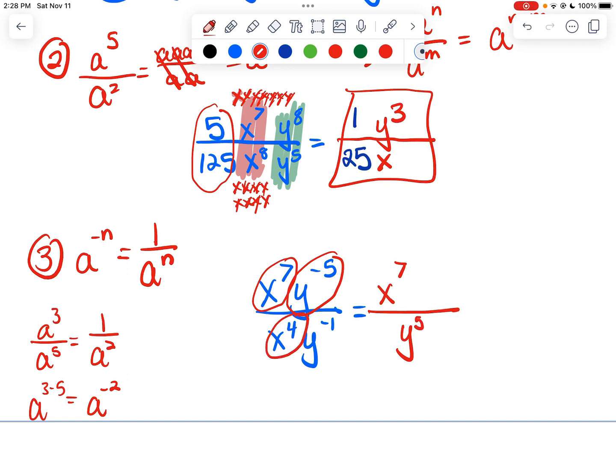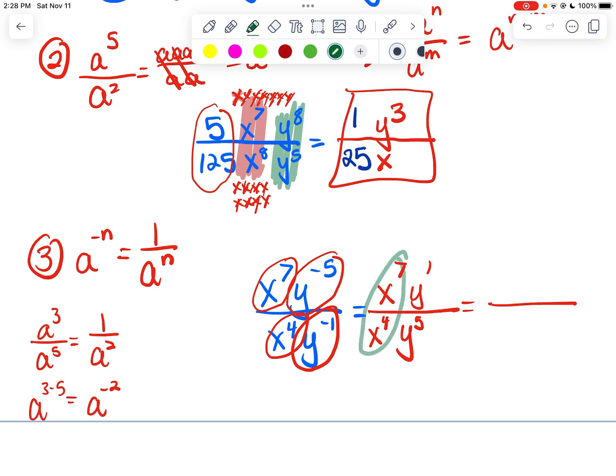X to the 4th is positive, so it stays. Y to the negative 1 is negative, so I flip it. Then we can simplify what we've done before. There are more x's on top, so that simplifies to x to the 3rd on top. Looking at our y's, there are more on the bottom, 4 more, so y to the 4th on the bottom.